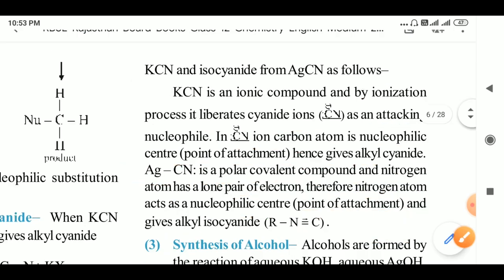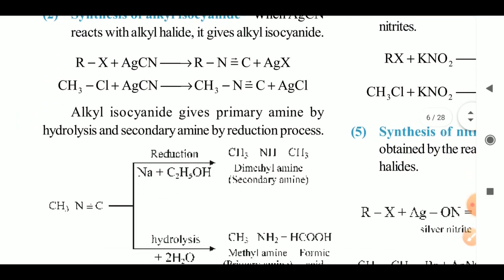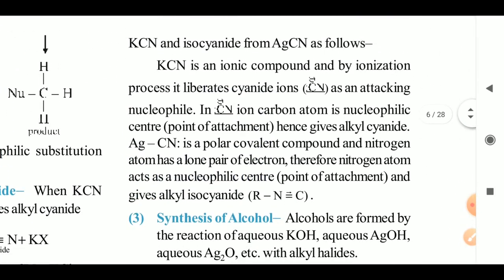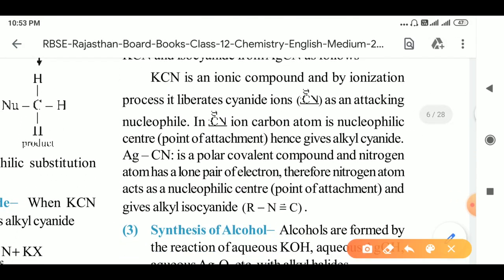Therefore, the nitrogen atom acts as the nucleophilic center and gives isocyanide. Two things are there. In KCN an ionic bond is present, but in AgCN a covalent bond is present.